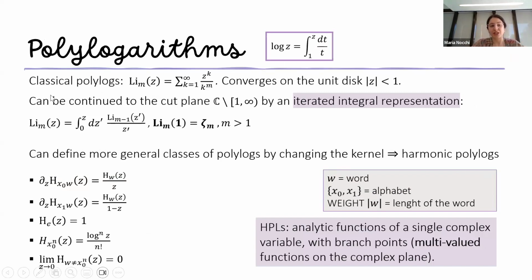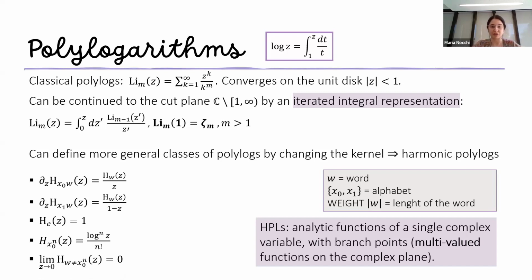And then we are free to change the kernel of these polylogs and define more general classes of polylogs. One of them I reported here, just as an example. These are the harmonic polylogs. And I'll stop just for a moment to define the dictionary. So polylogs in general are labeled by W, which is a word made by letters x0, x1.